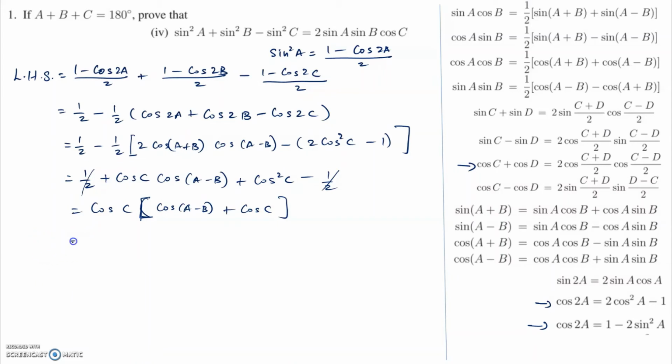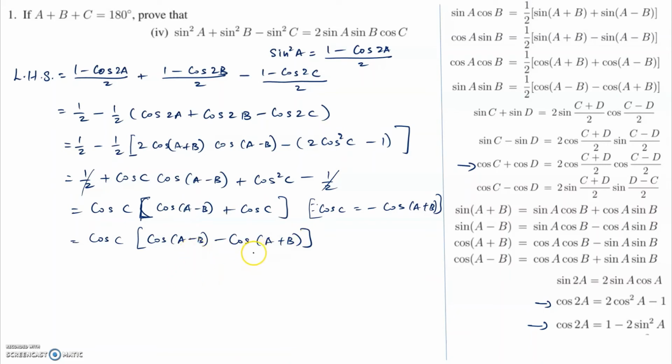Now we can replace cos c, since it is equal to minus cos (a plus b). Let's keep the cos c outside as it is, and this cos (a minus b) as it is. This cos c will become minus cos (a plus b).